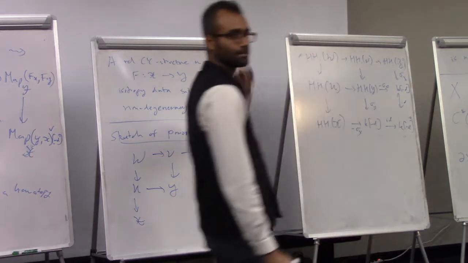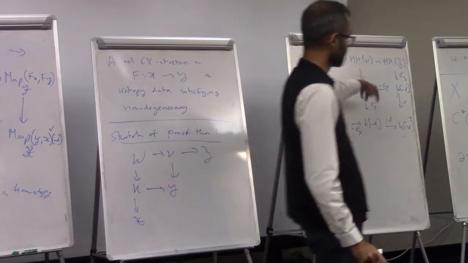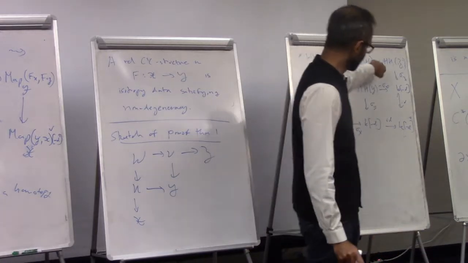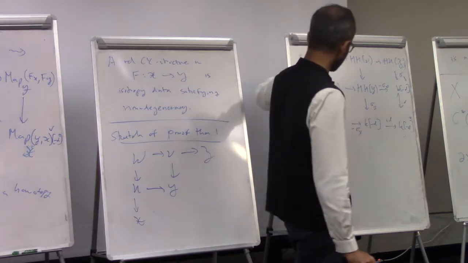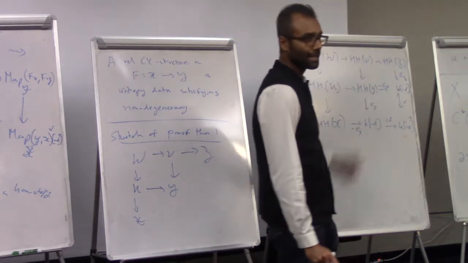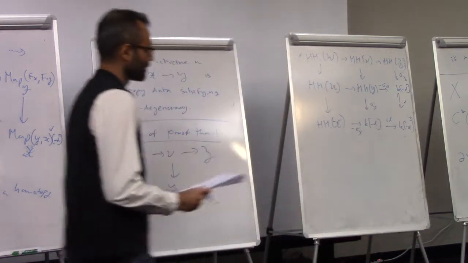So this whole square is homotopy commutative for obvious reasons, because each of the pieces was homotopy commutative. These are homotopy commutative because U mapping to X cross Y is supposed to be relative Calabi-Yau for sigma y, minus sigma x.